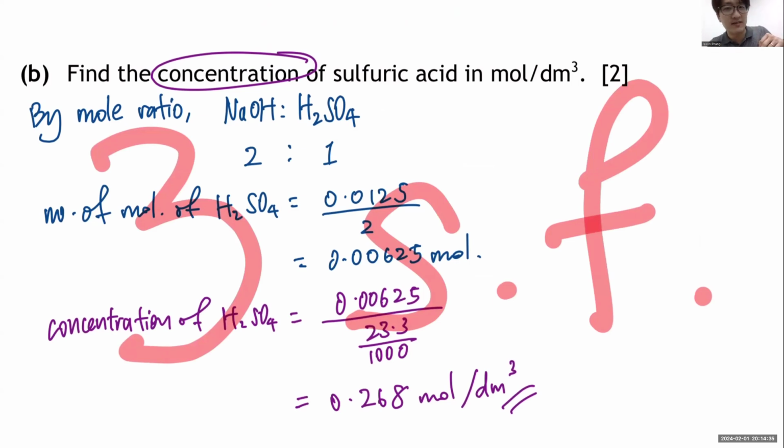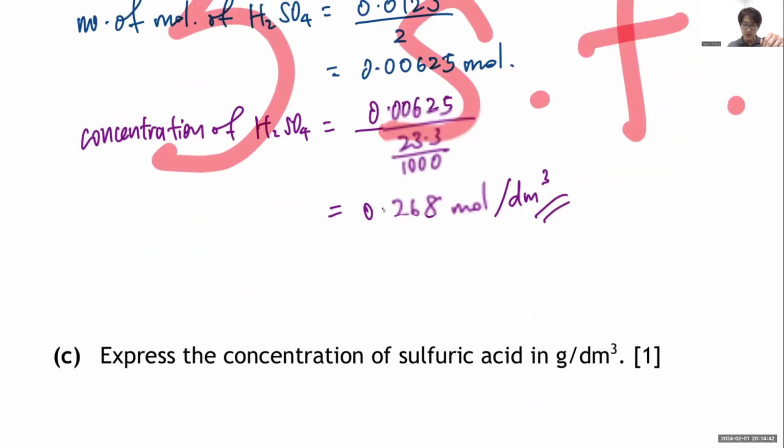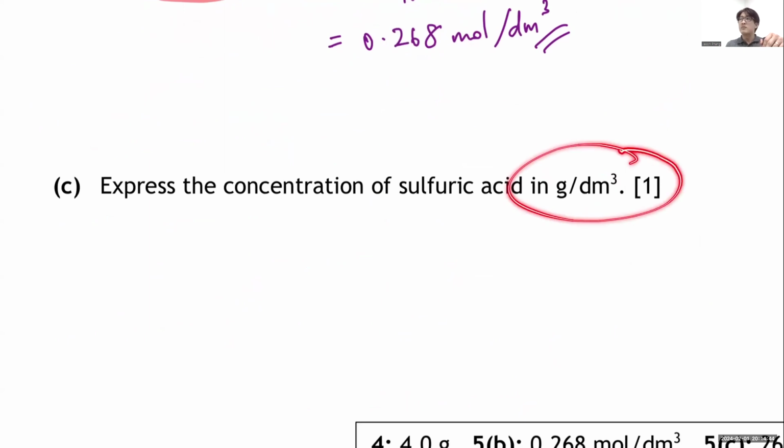Okay, final answers always in TSF. So I have concentration in mole per dm cube. Question asked me to convert to grams per dm cube, and it is an equation on your first page as well.